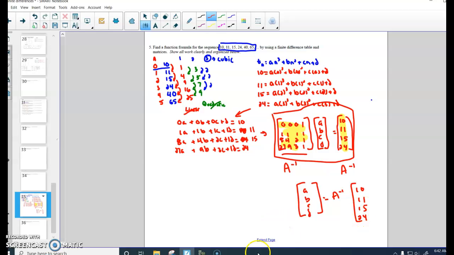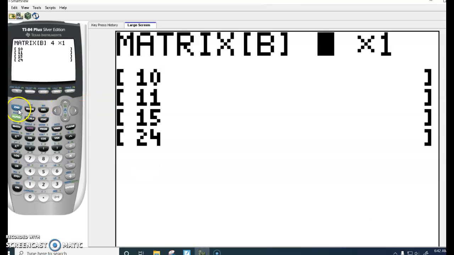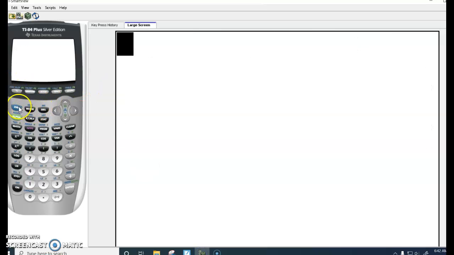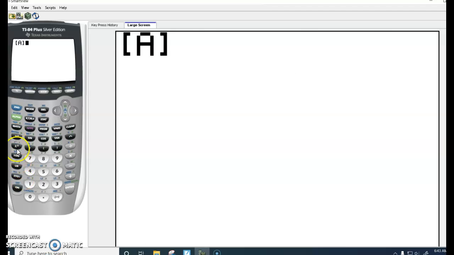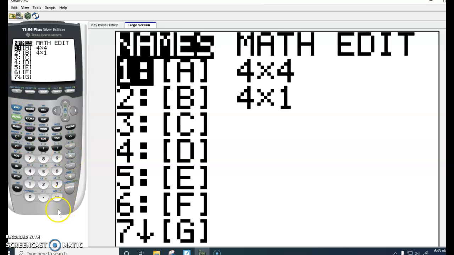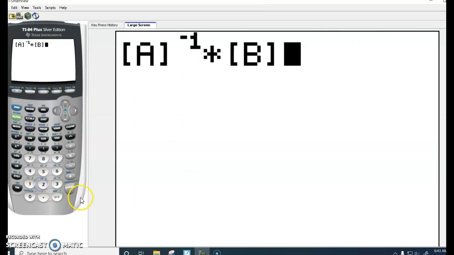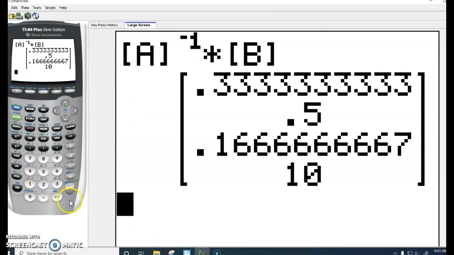So the way we're going to do that is I'm going to press second quit to get out of this window. So I'm going to press second x negative 1, and because I'm trying to find the inverse of A, I'm going to press A, and then press x to the negative 1 on my calculator, and I am going to multiply it by matrix B, which is matrix number 2. And I'm going to get these values.